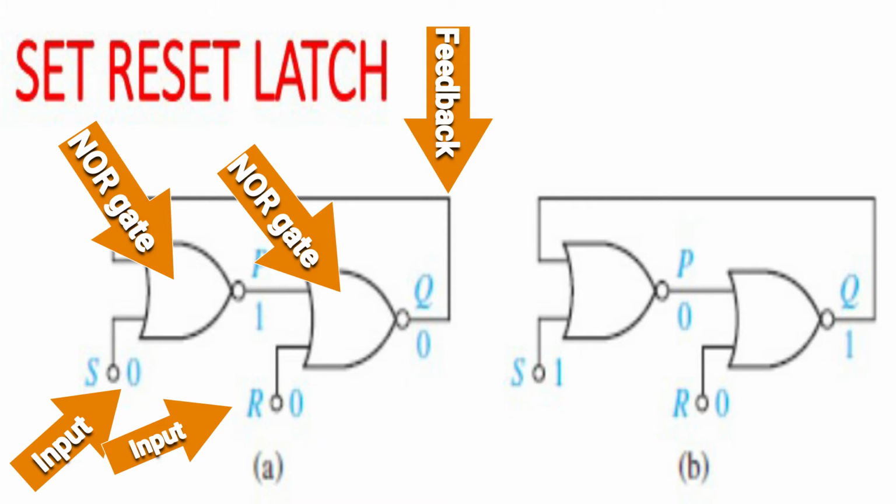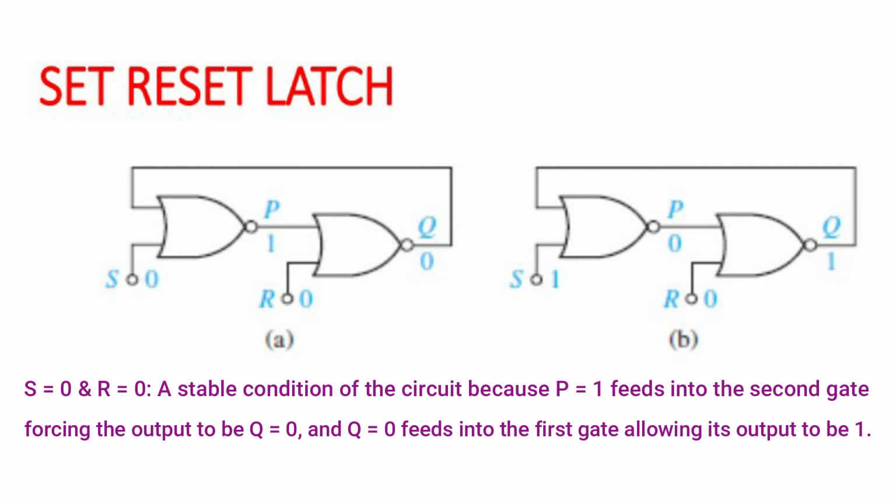In the first condition, we have the two inputs S and R, where S stands for set and R stands for reset. Let us assign S equal to 0 and R equal to 0, and Q is also equal to 0.